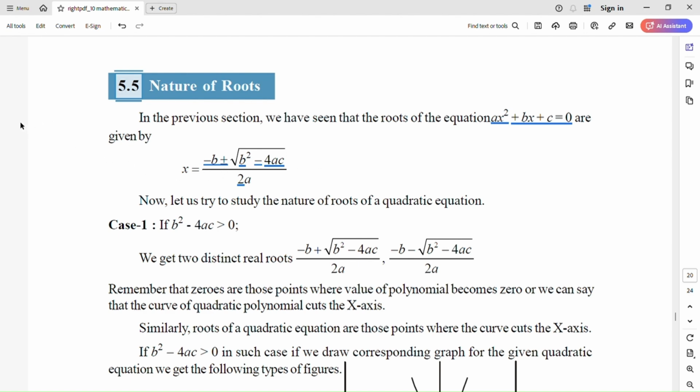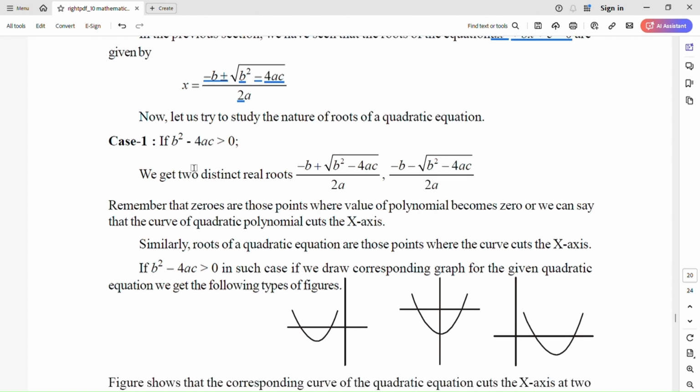divided by 2a. Now, if b² - 4ac is greater than 0, then we get two distinct real roots, correct? Because the term under the root has some value, and you have plus and minus, so you will get two different values.